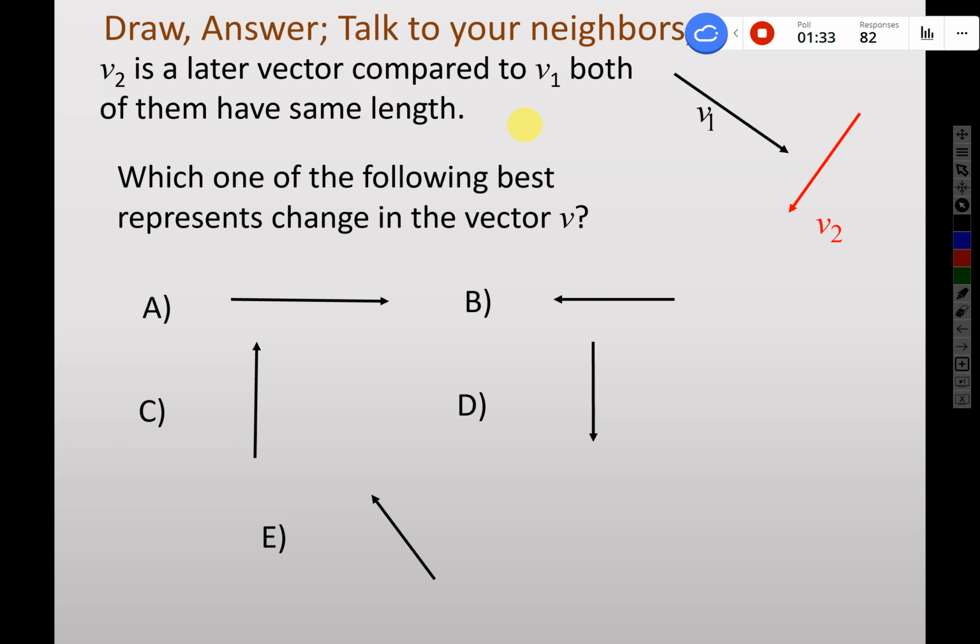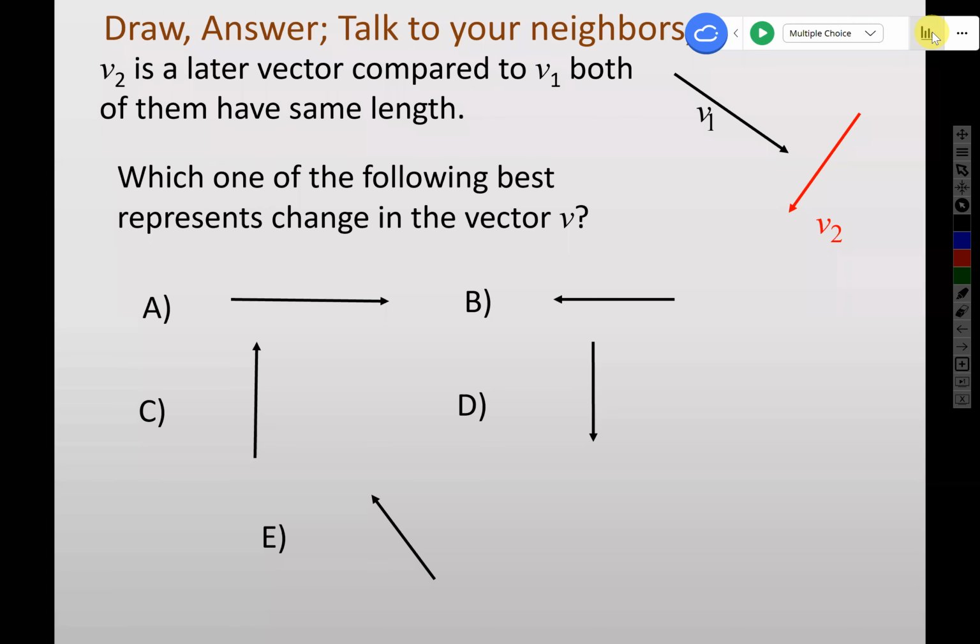Tail to tail, and from the tip of previous to the later. Previous to the later. Previous to later. Five more seconds. 5, 4, 3, 2, 1, and it stops.